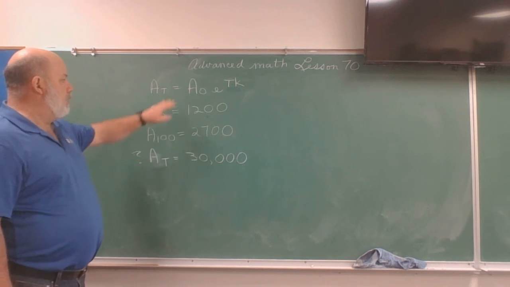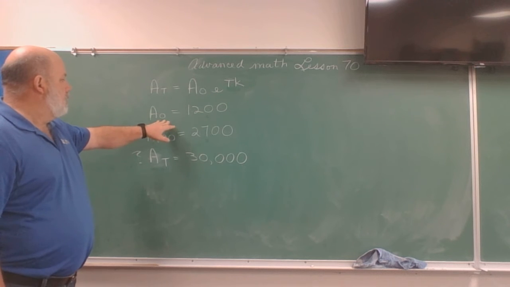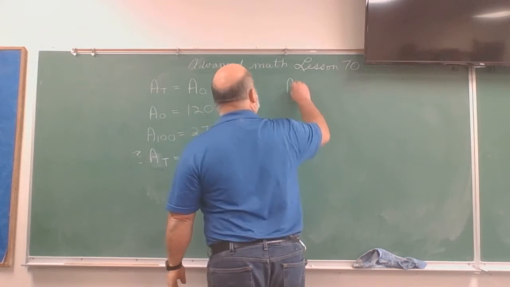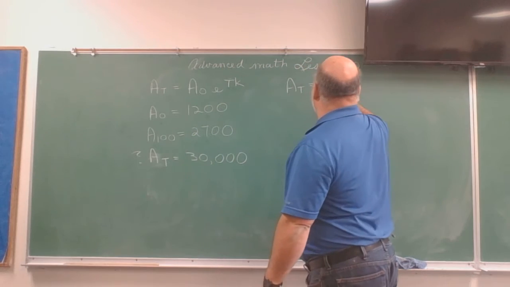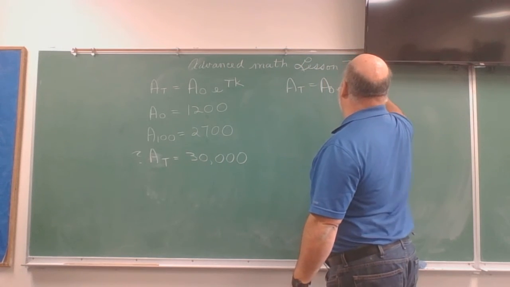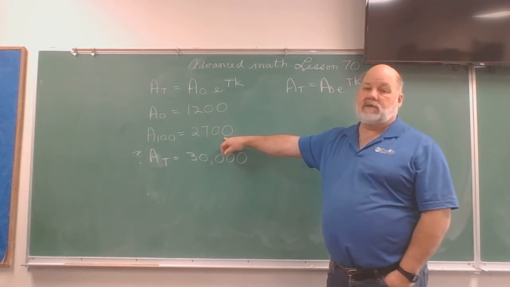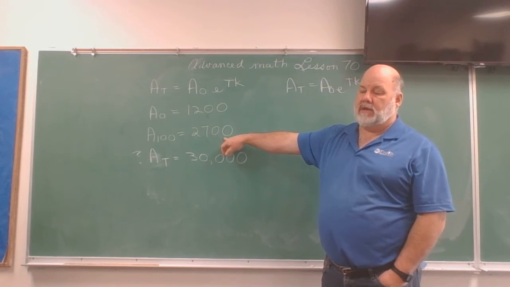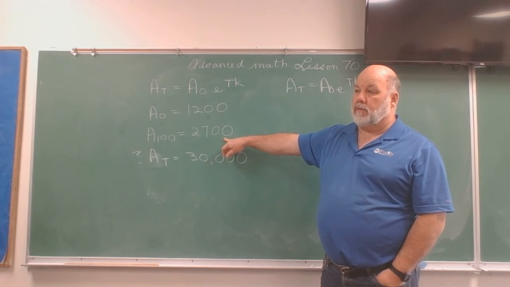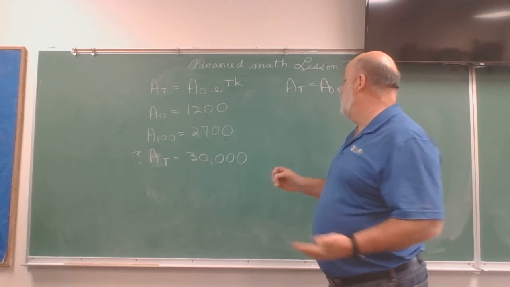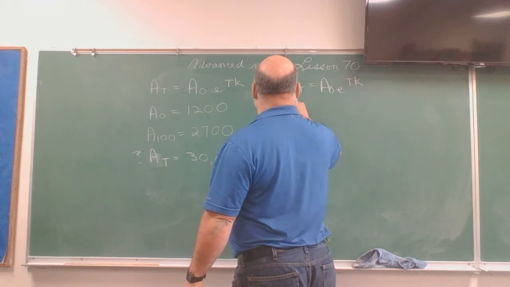So I'm going to rewrite this formula using the number 100. I've got A sub t equals A sub 0 e to the tk. I'm going to replace t with the number 100. I'm not using this 2,700 yet. This is what almost always my students just want to skip, and I wish you wouldn't.